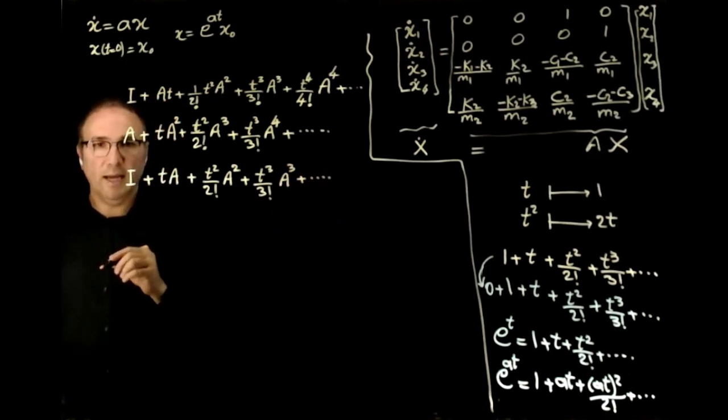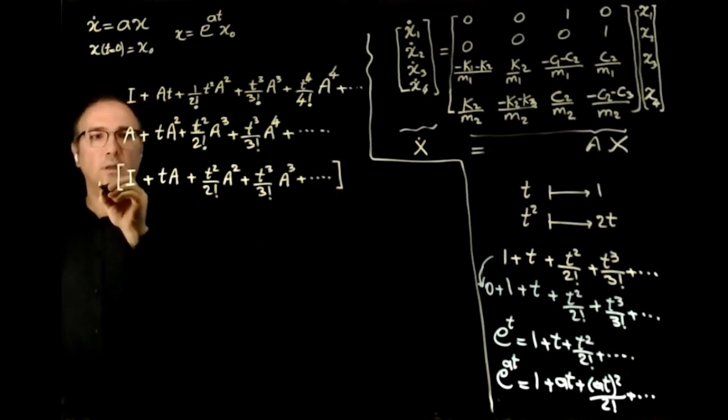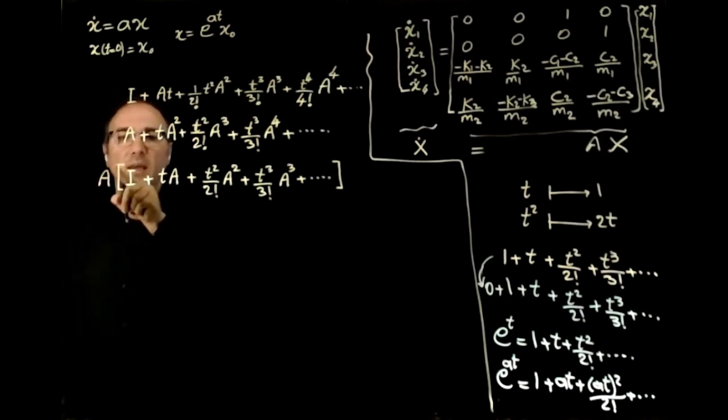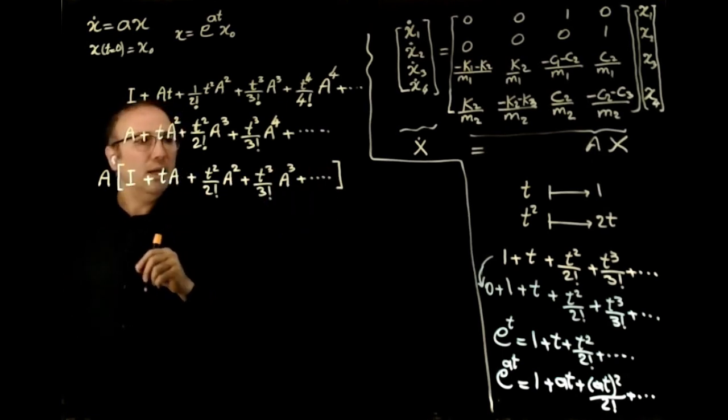So I factored out A. You see, because A times I becomes A, A times that becomes tA squared, and so on for all the other terms.